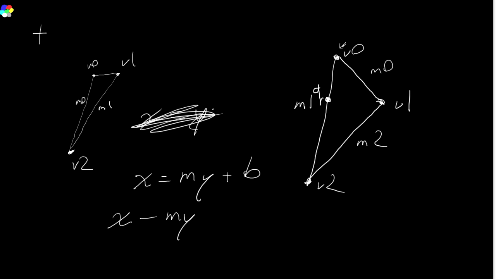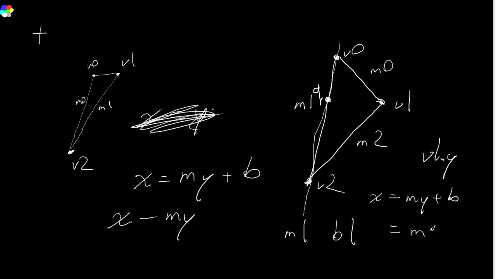So we have M1 and B1, and we have V1 dot Y. Right, so if X is equal to My plus B, we want to solve for X. We want M times V1 dot Y plus B. M1, V1 dot Y, B1.